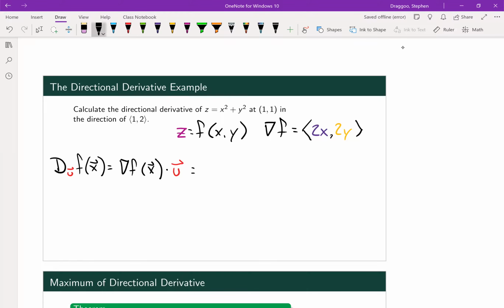So this should look like the vector (2x, 2y) dotted with the unit vector, which will be (1, 2).